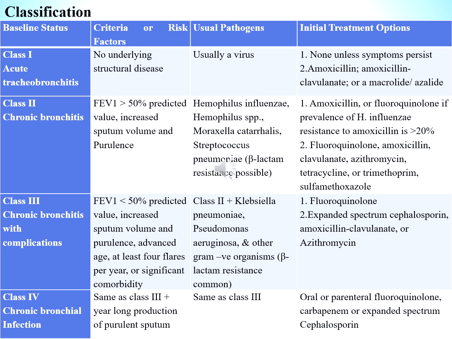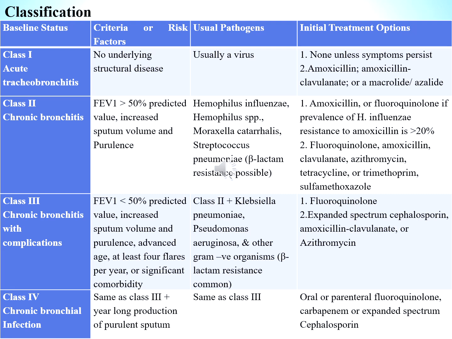In the case of class 3, chronic bronchitis with complications is there. Forced expiratory volume will be decreased to less than 50% of the predicted value. Increased sputum volume and purulence will be there in this stage. It will be more due to the advanced stage, with at least 4 flares per year or significant morbidities.